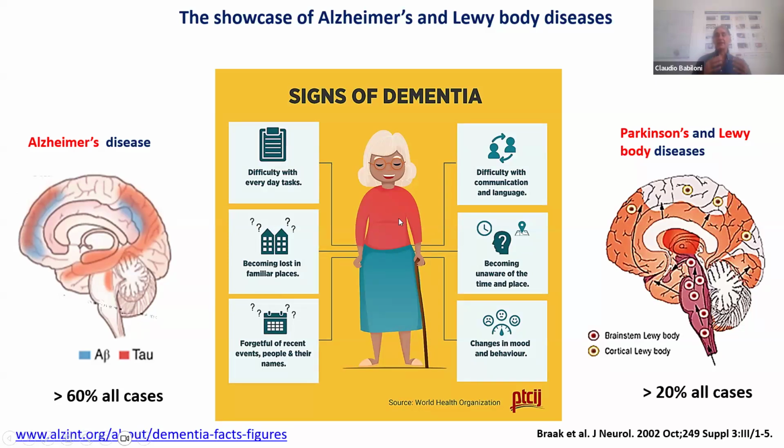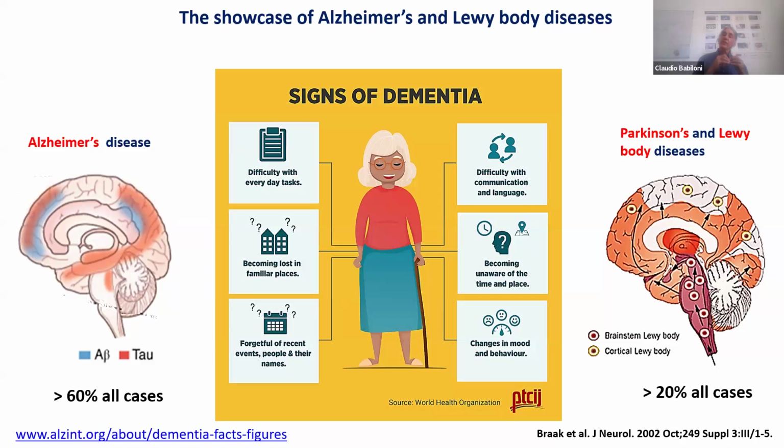And dementia, like the fever, is a symptom. And the causes of this symptom can be very different. Our interest is in the neurodegenerative diseases. These are diseases which are related to the accumulation of neuropathology in the brain. And this neuropathology can be localized in different places in the different diseases.